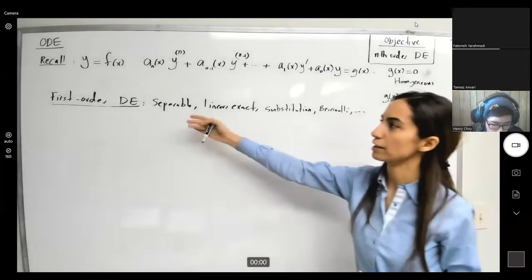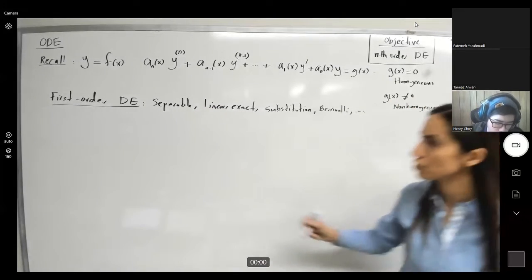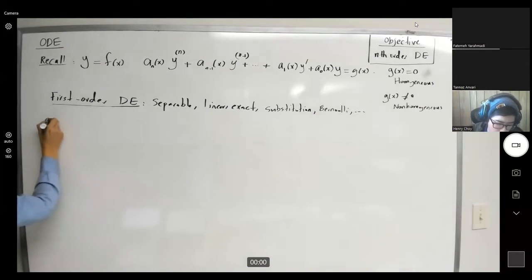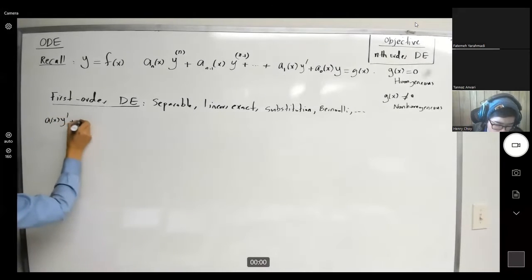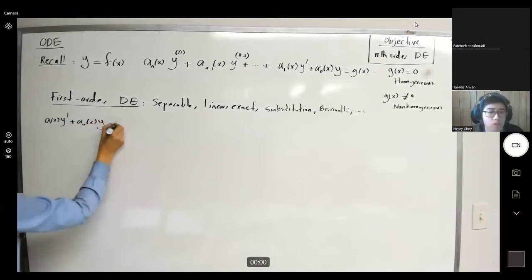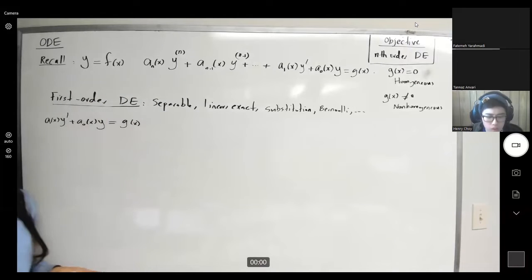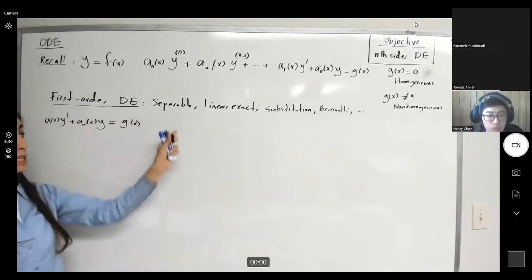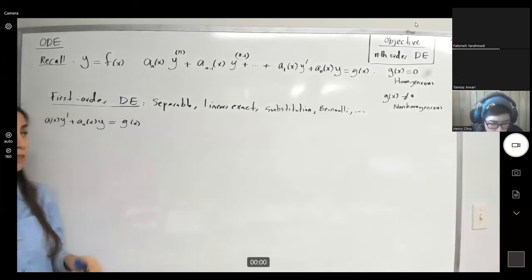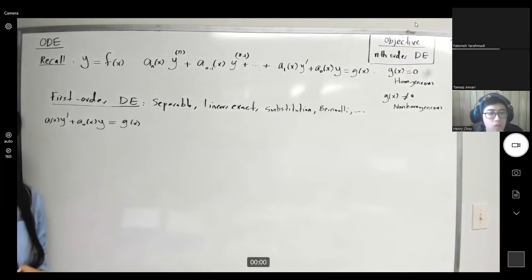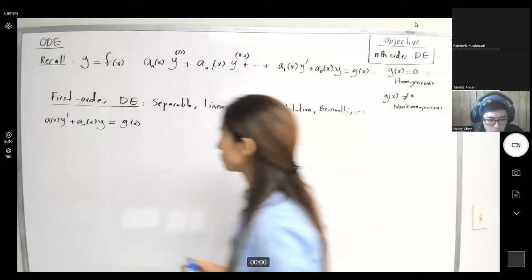Based on the classification of the first order differential equation, a_1(x) y prime plus a_0(x) y equals g of x, we applied different methods, and we learned that sometimes we can apply more than one method to solve the differential equation on the given interval.